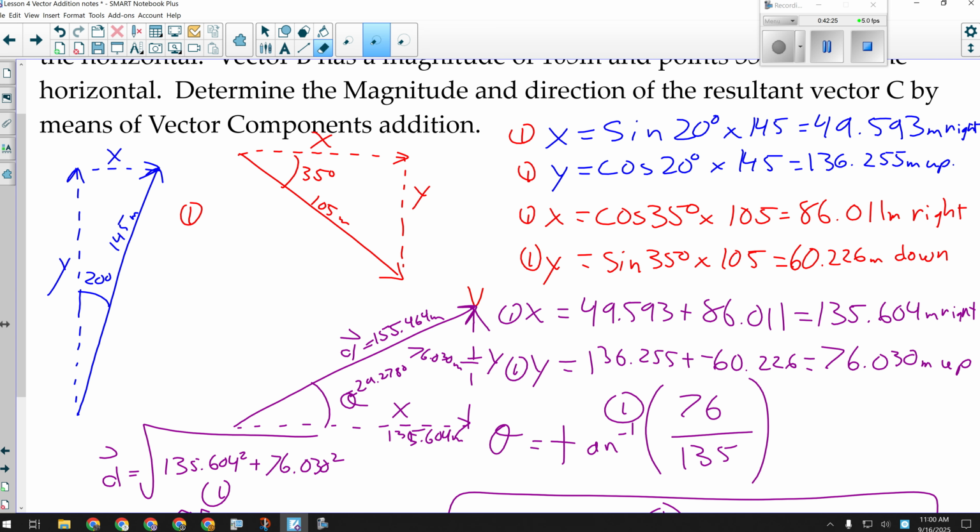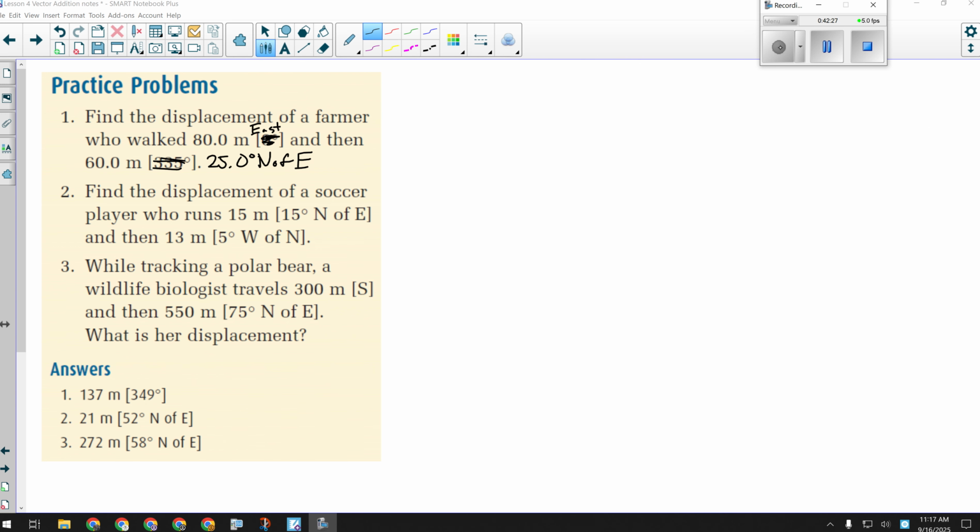On your own. So for the diagram for this one, our first one is 80 meters due east. Then we go 25 degrees north of east.